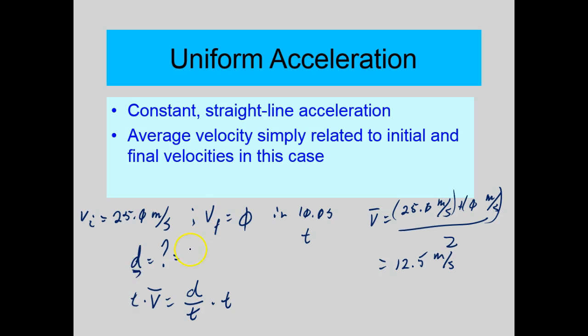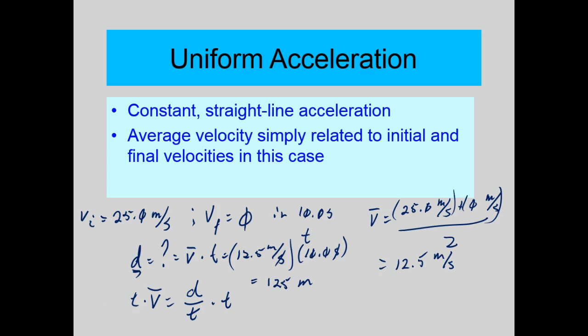It's V bar times time. So that would be your 12.5 meters per second times your 10.0 seconds. And here the seconds divide out, which is good. That gives you 125 meters.